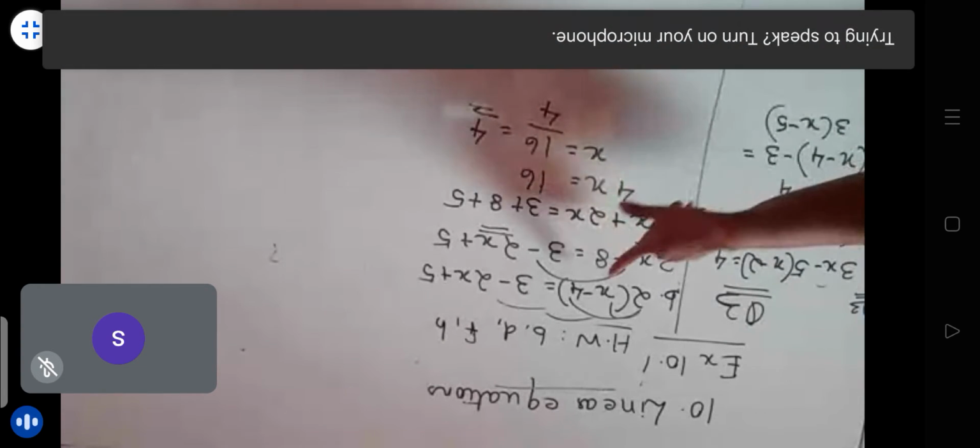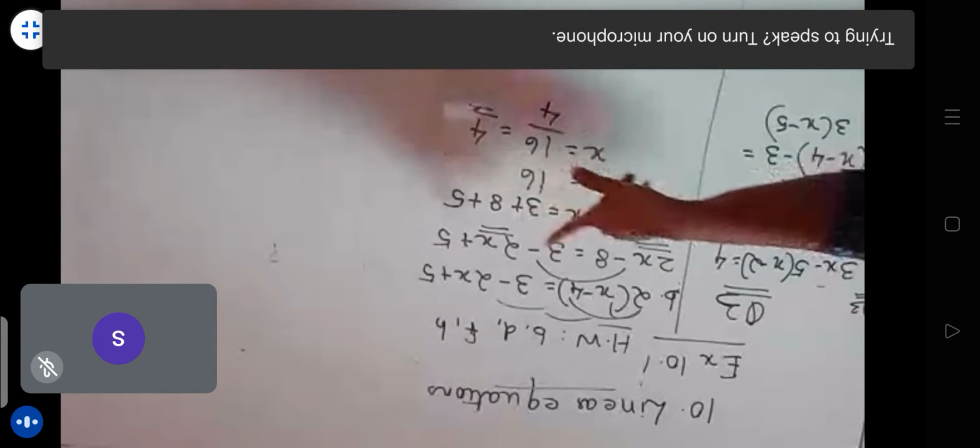When this minus 8 comes to this side, it becomes plus 8. This plus 5 is going to remain the same. This plus 3 is going to remain the same. This negative 2x, when it comes to this side, becomes positive. You should not get confused with the signs. You should be very clear, very attentive when you are solving the sum, because otherwise you will make silly errors and you will lose your marks.